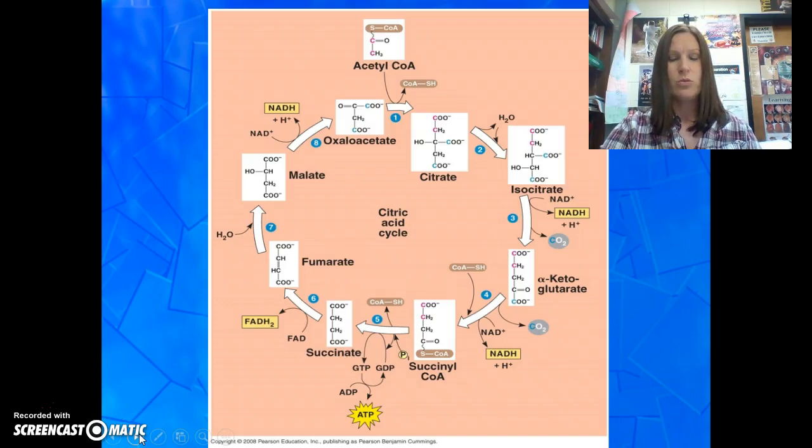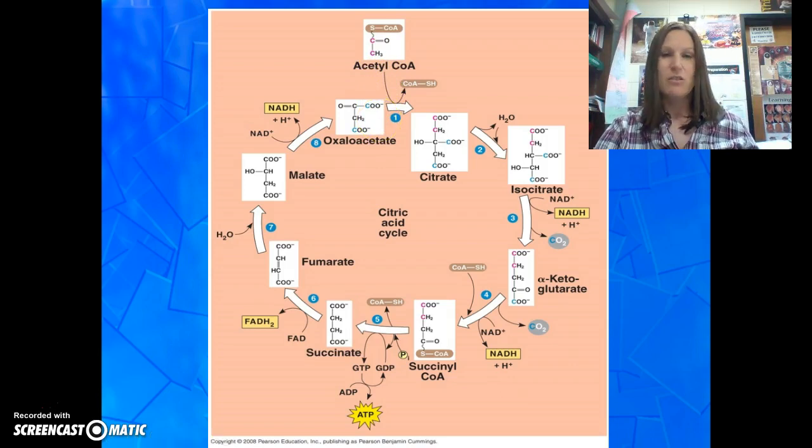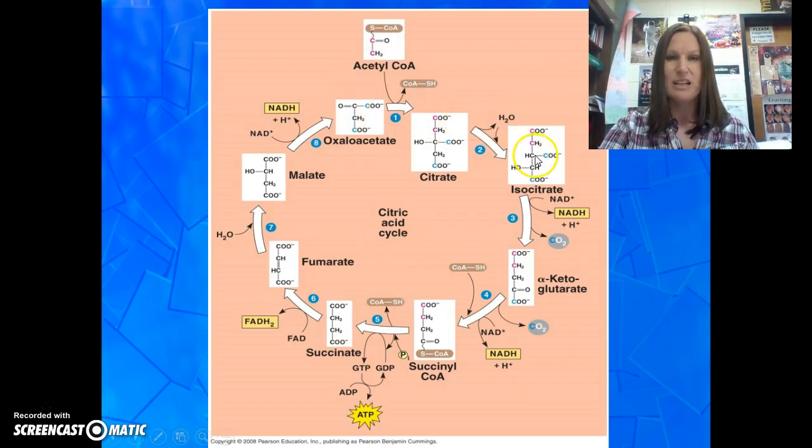Okay, whew. Look at this. Guess what? You don't need to memorize this, but let's take a look so we can appreciate what's happening. Acetyl-CoA, now here, is going to come in, and we have oxaloacetate. And once with oxaloacetate, we're going to enter into this 8-step process.